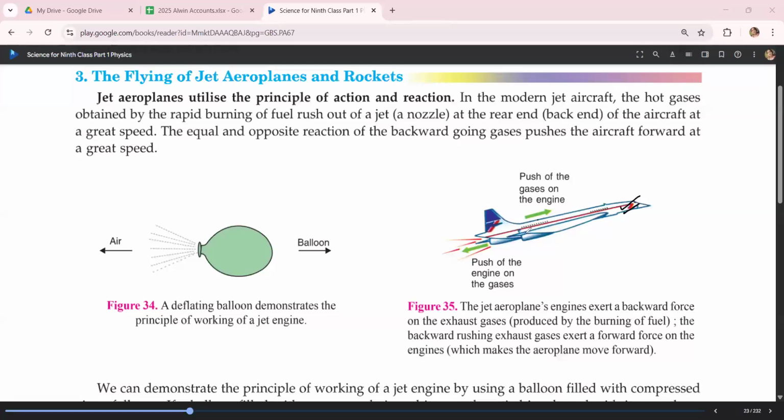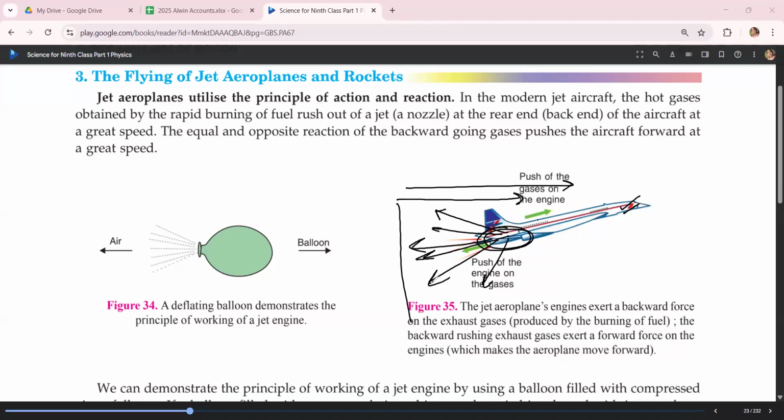There is a fuel inside the jet aeroplanes which produces a lot of smoke, and that smoke is pushed outwards with a great force. So the gases produced in such high volumes are pushed backwards. Now when they are pushed backwards, this is the action. The earth will react and push the jet or the rocket in the opposite direction.